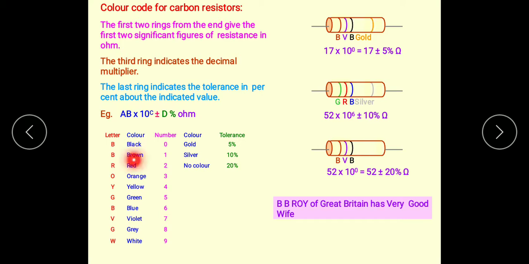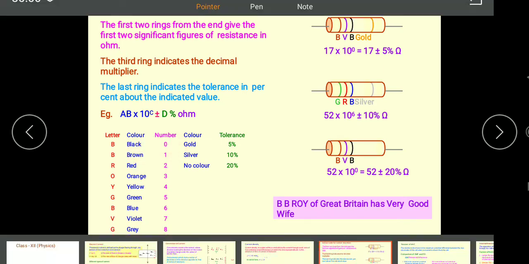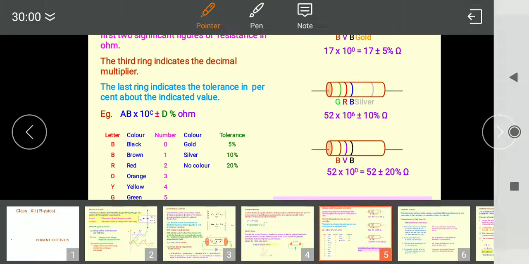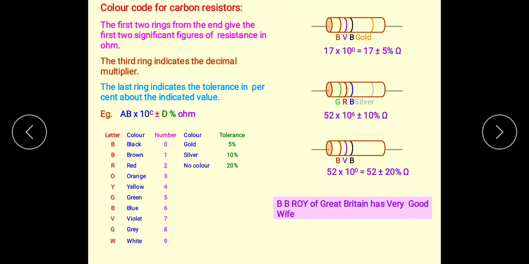For example, black shows 0, brown shows 1, red shows 2, orange shows 3, and likewise we have a number of colors for showing the digits. In BVB, the first B is brown, having value 1, so we have written the first digit 1. The second band is V, violet, having value 7, so we have written the second digit 7. For the power of 10, we have to see the third band. The third band is B for black, so 10 to the power 0.